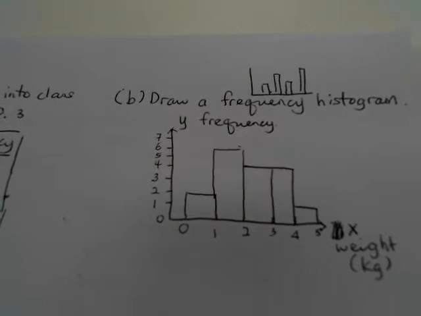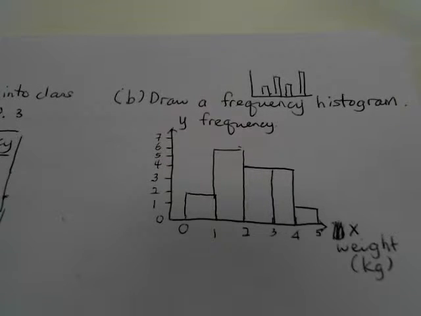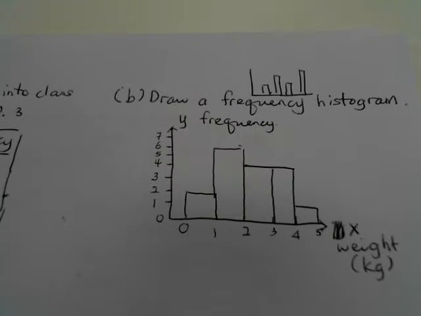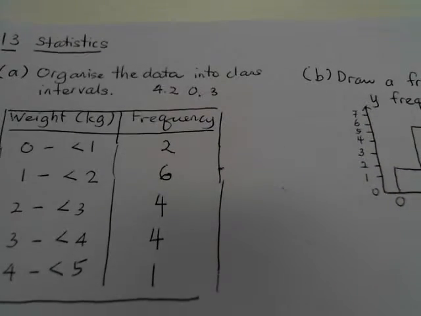If you look at the class interval, sorry, when you look at the class interval, the last number would be less than 2 or less than 3. And the reason is because, if we have a look here, it is continuous.